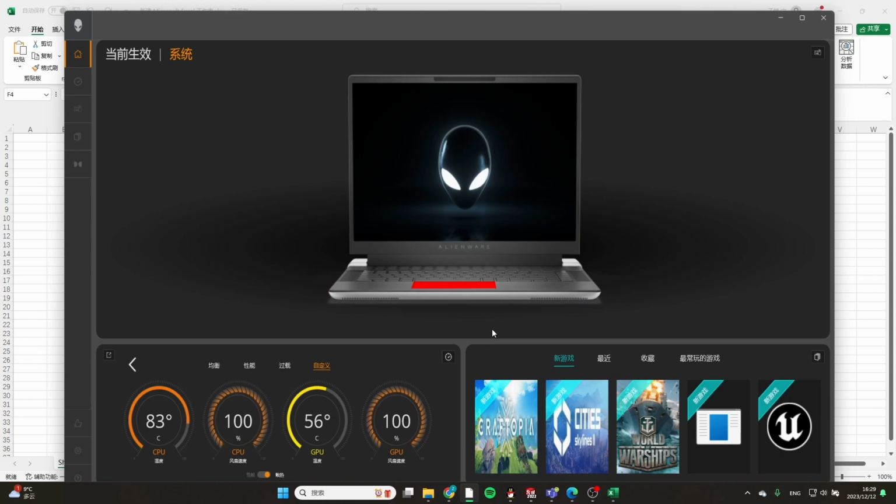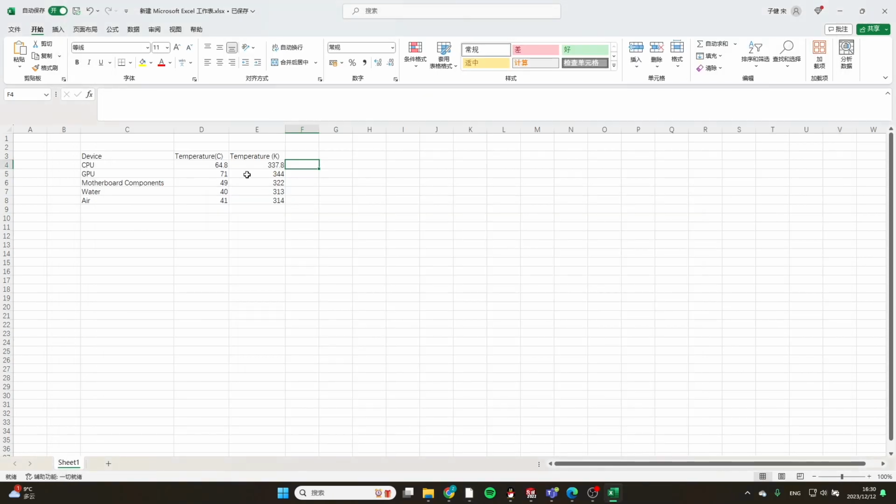My teammate is testing this value from his computer, and temperatures will pop up in here. My laptop uses wind cooling, so you can see the CPU temperature usually rushes to the 80s or 90s. It's terrible. And these are the values after testing. They came out from his computer and monitor, and also the thermometer.